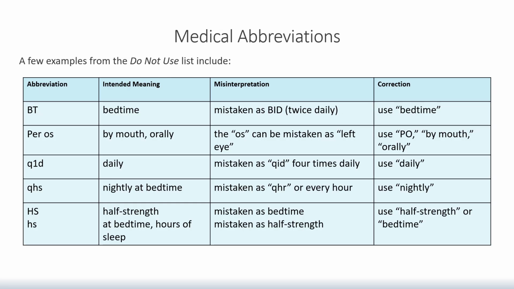Q1D for Q1 day can be mistaken as QID. QHS for at bedtime can be mistaken as QHR for every hour, so you're supposed to write out nightly. HS for half strength can be mistaken for bedtime, so actually write out half strength.